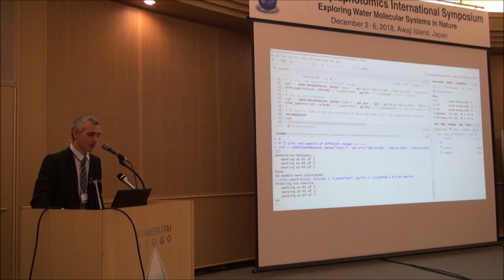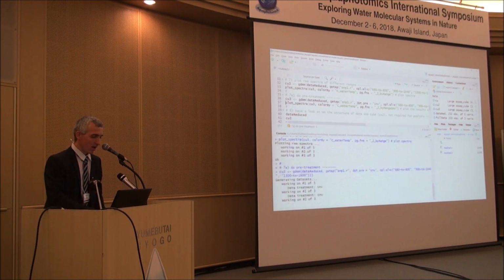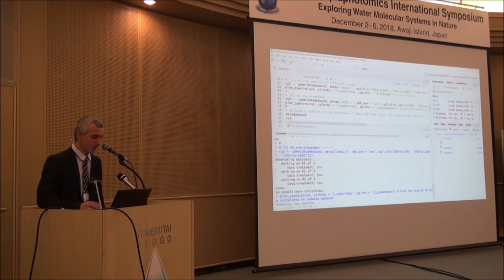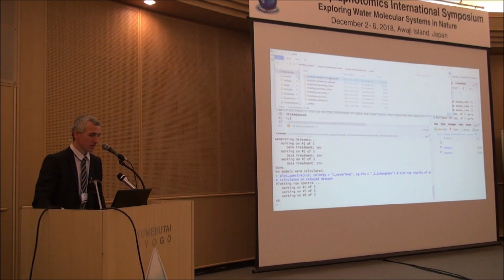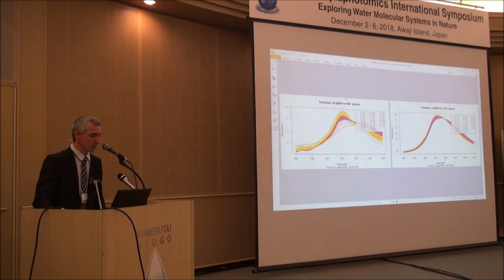We will apply SNV. Applying SNV again is very simple. You just provide an attribute of this function and define what kind of data pretreatment you want to apply, and you run again, and you get your PDF file in results. Again, only raw spectra, but after pretreatment.